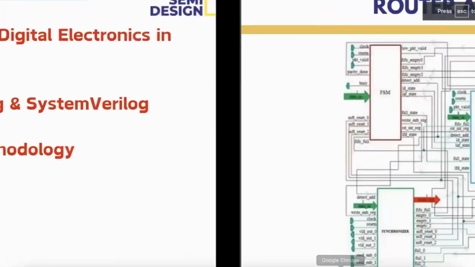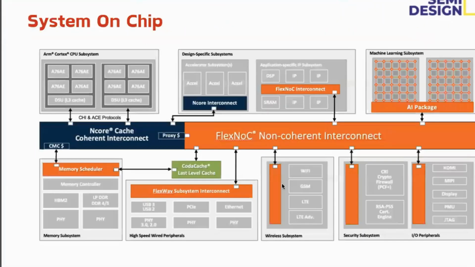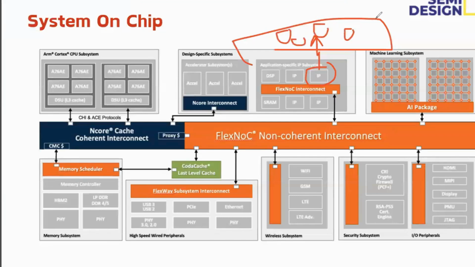Just now we have discussed the system on chip, right? Several blocks are involved in a system on chip. Suppose you take a single IP; in a single IP, several blocks are involved, 1, 2, 3, 4, 5, like that.